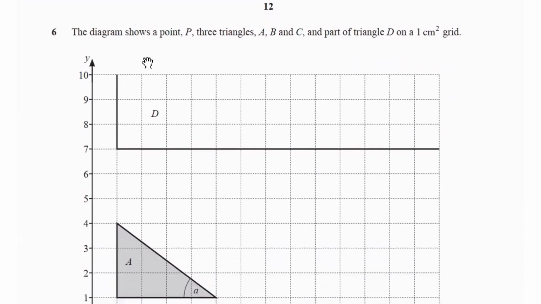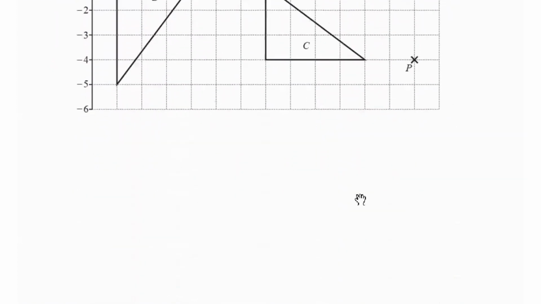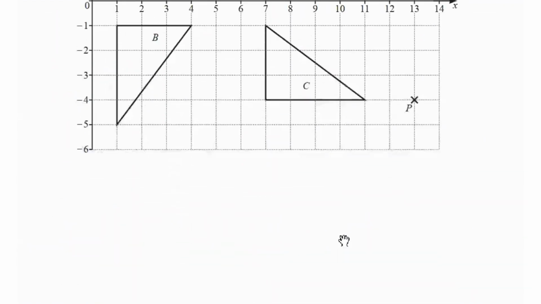Question 6 says the diagram shows a point P, three triangles A, B, and C, and part of a triangle D on a 1 centimeter square grid. On the grid, mark the image of point P after reflection in the line y equals 0.